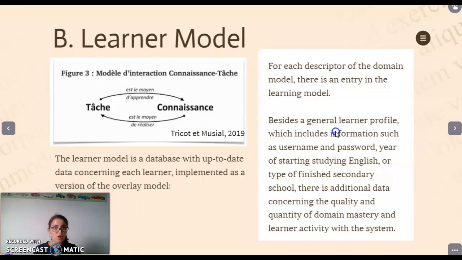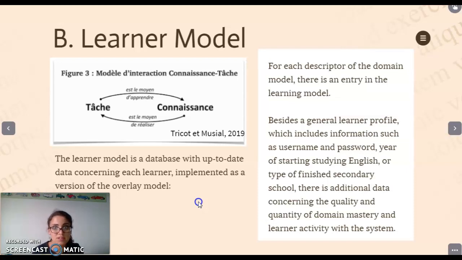Next, the learner model. What is our learner model? The learner model is a database with up-to-date data concerning each learner, implemented as a version of the overlay model. For each descriptor of the domain model, there is an entry in the learner model.